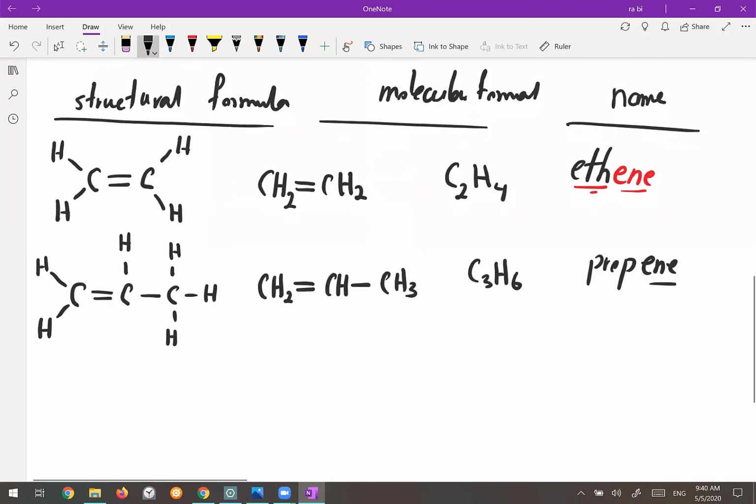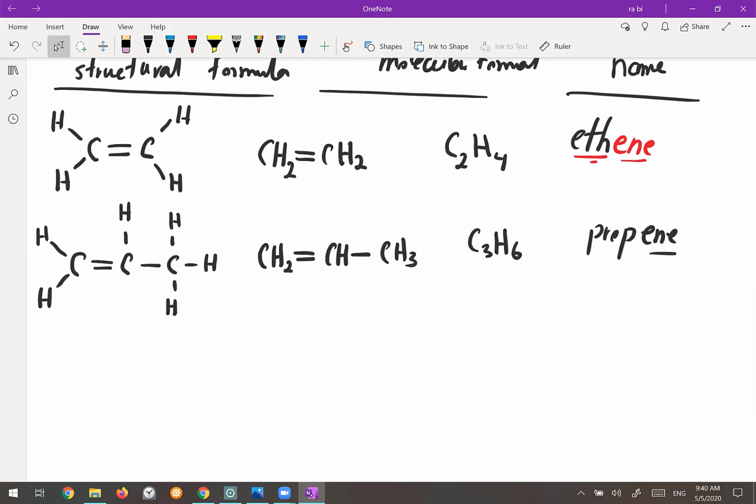Okay, let's go to the next member of the alkene homologous series. It must contain four carbons. So I write carbon, double bond, carbon, single bond, carbon, single bond, carbon. I put the hydrogens here. The first carbon needs two hydrogens.